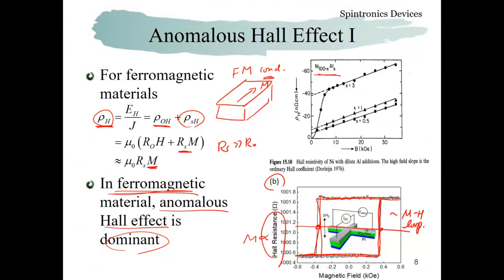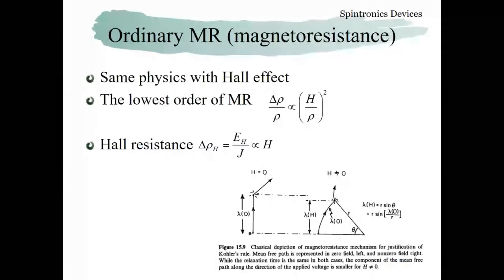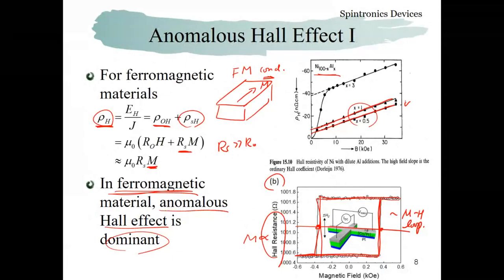This nickel aluminum alloy is paramagnetic, so it has the ordinary Hall effect, which is proportional to the external field H, so it is linear to the field.